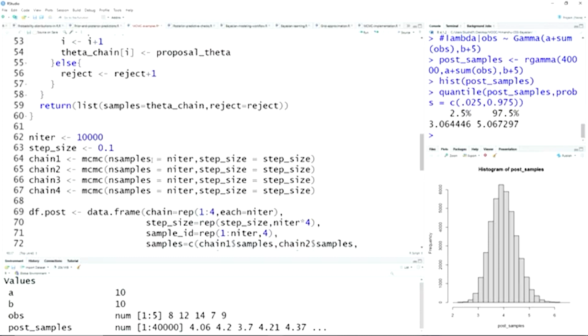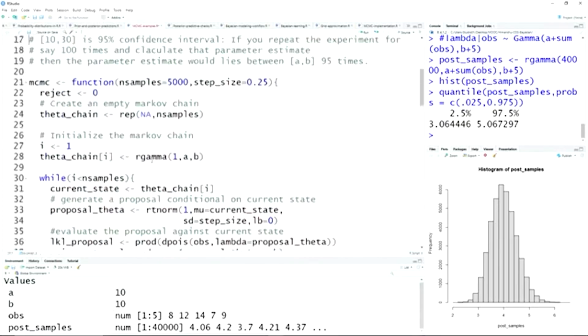Now step size, I think it would make sense to have a relatively longer step size. So maybe we can start with 0.5 and see what happens, because the scale of lambda is quite high compared to theta. So lambda is varying between, for example, 3 and 5. So the scale of lambda is going to be larger. Okay. So let us implement this.